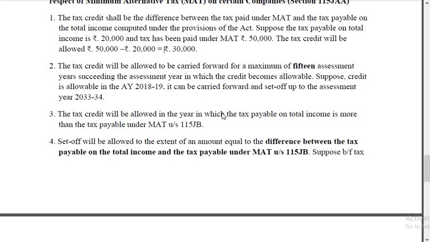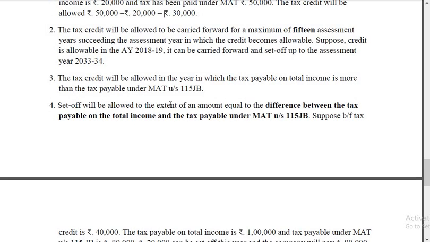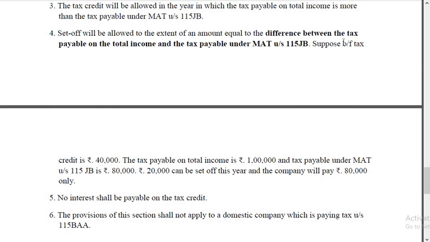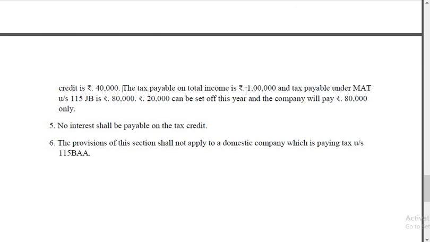Alright, look at the example further here. Set off will be allowed to the extent of an amount equal to the difference between the tax payable on the total income and the tax payable under MAT under section 115JB. Suppose the brought forward tax credit is 40,000. The tax payable on the total income is 1 lakh and the tax payable under MAT under section 115JB is 80,000.